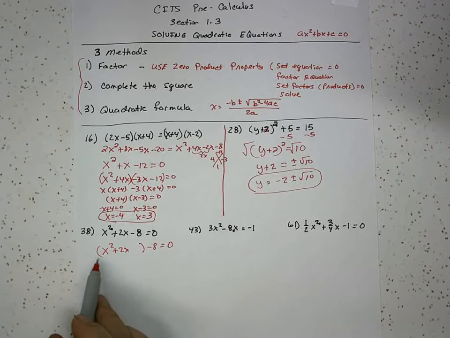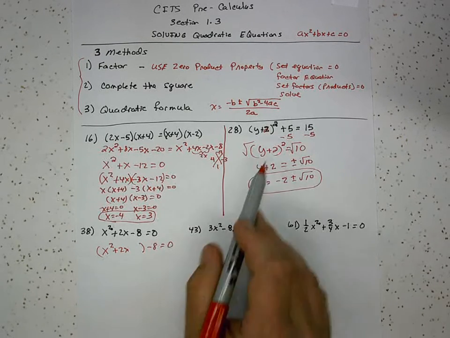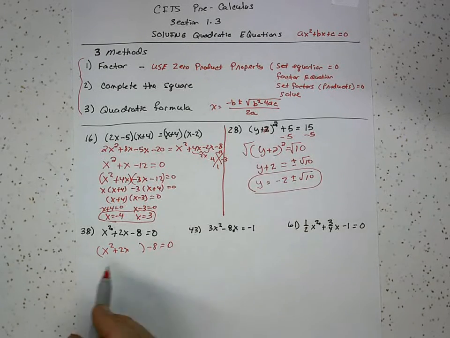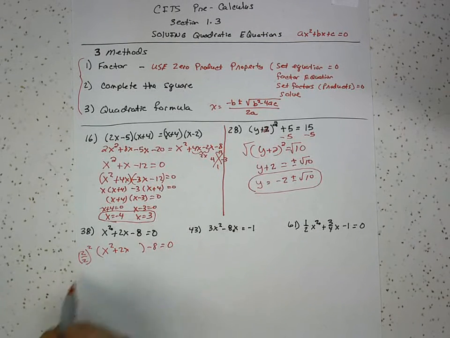Okay, we're going to separate that. Now this term has to be a positive 1. If it's not, I have to factor a number out. Okay, it's a positive 1, so I'm fine. I then get my add-on term to make this a perfect square. So it's going to look like this when I'm done by doing b over 2. b is 2. 2 over 2 squared, which is 1 squared or 1.